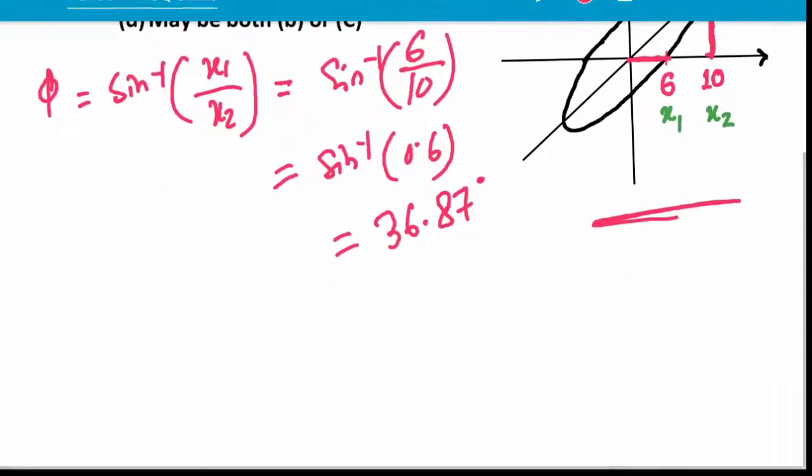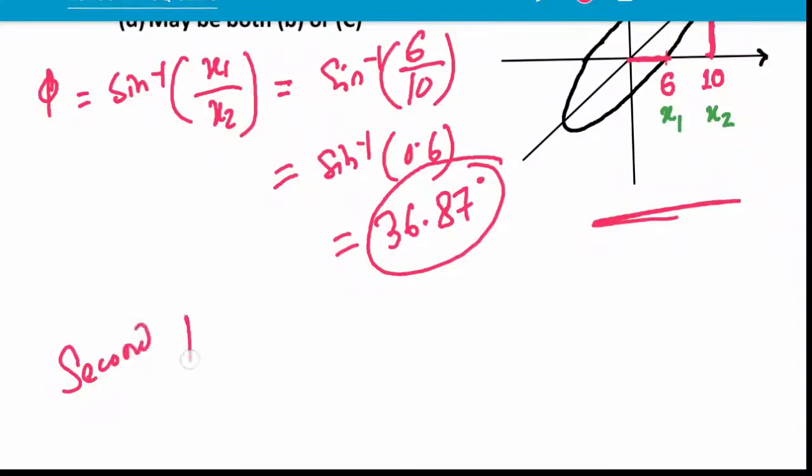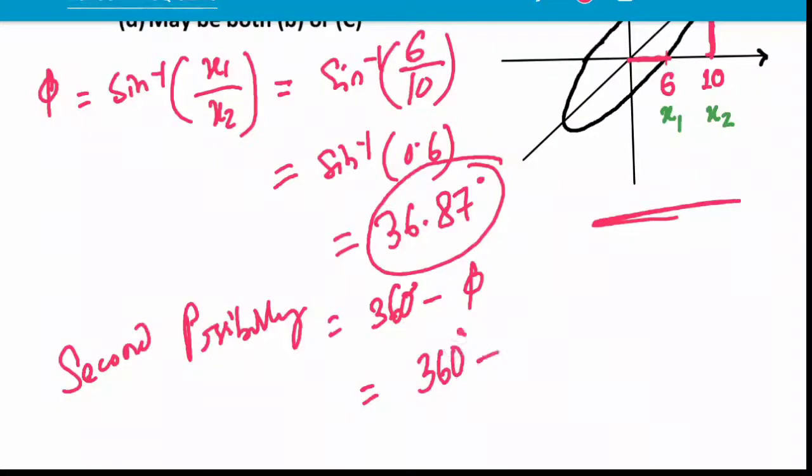Not only this, there is also a second possibility for which the phase angle will be the same and the Lissajous pattern also will be the same. The second possibility is 360 degrees minus phi, that is 2 pi minus phi, that is 360 minus 36.87 degrees.